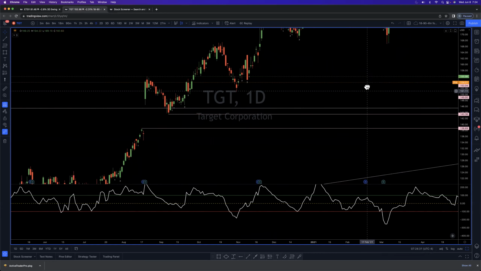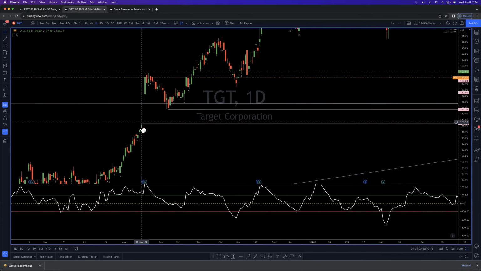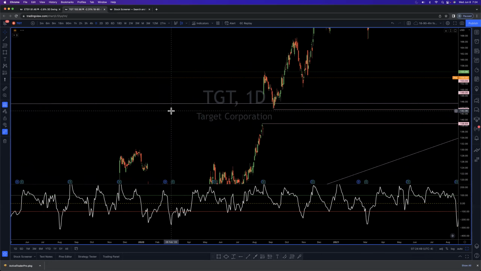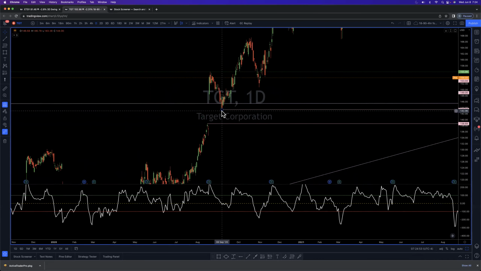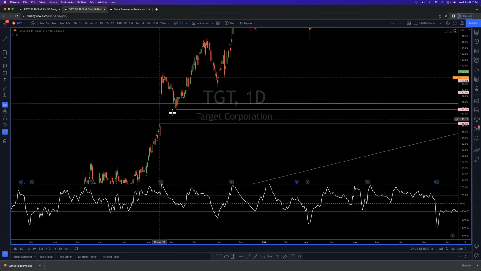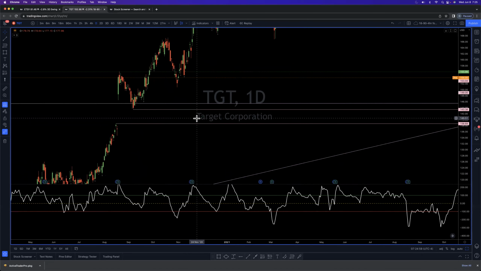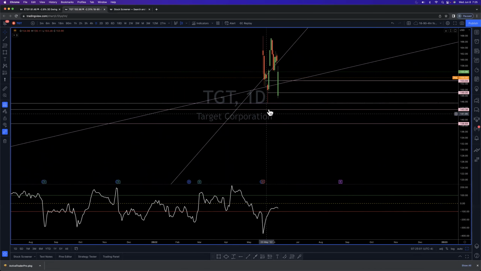All right, we had to go back a ways because we talked about in yesterday's video that Target was going to trade below yesterday's. When it gapped down, if it was going to trade lower, it had to take this gap. So we drew the horizontal lines at the high of this range and the low of this range, so that we could see the distance between the gap here.